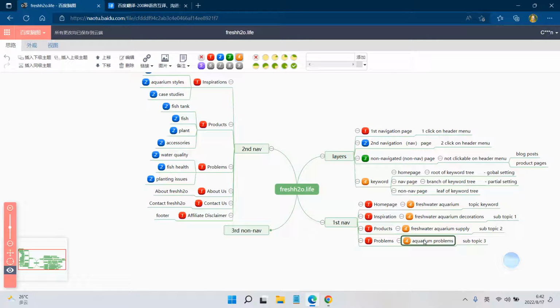When I am going to build this website, I am thinking about this. What will be the structure? What will be the content arrangement?